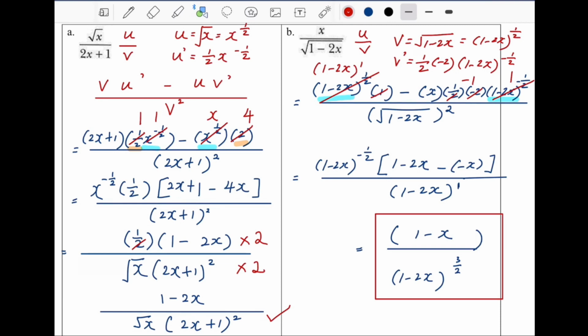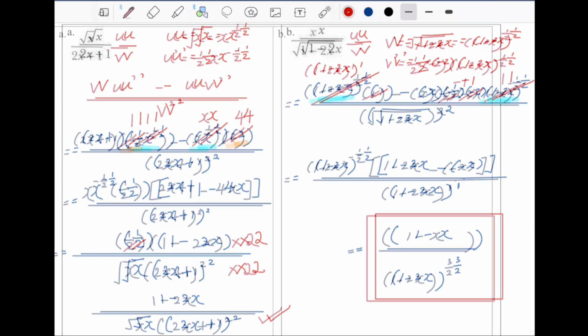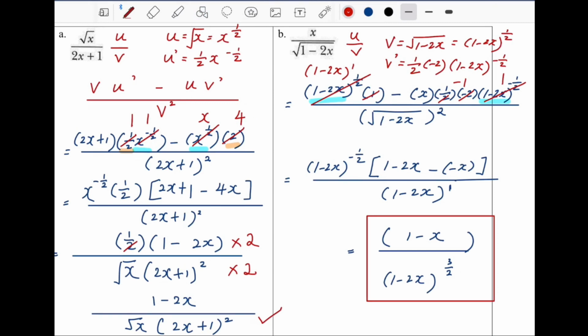Okay, now let's look into more examples. Let's try out more examples.